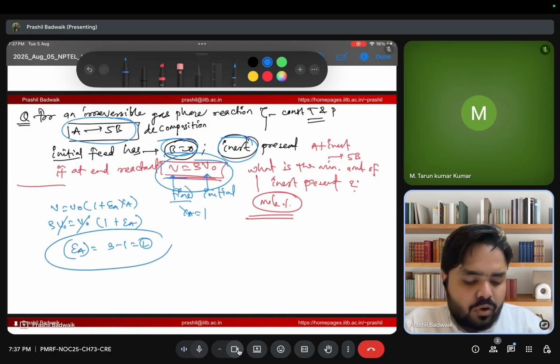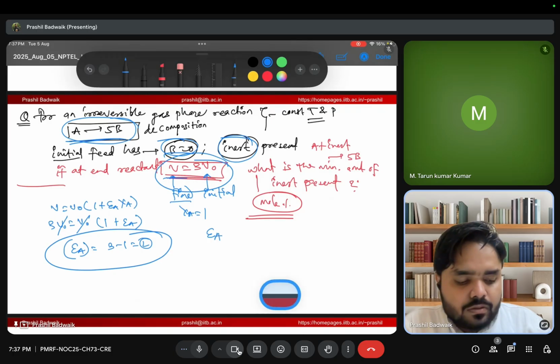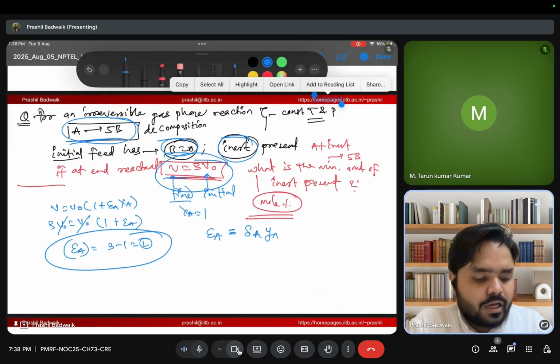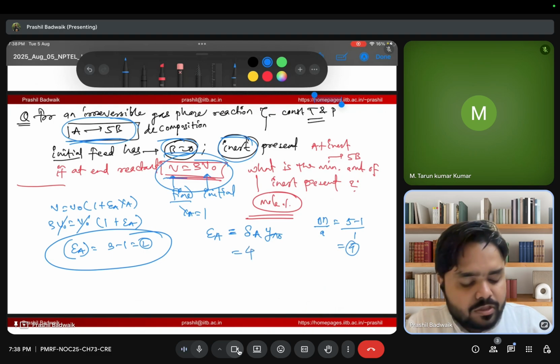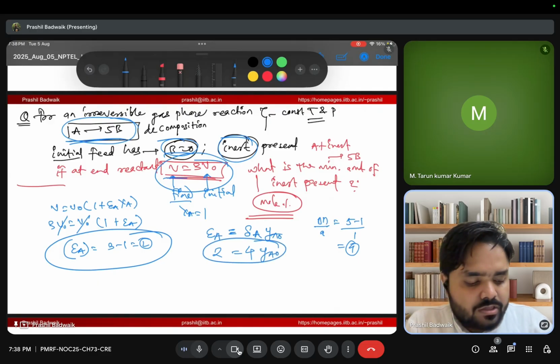Now epsilon A is given as del A times Ya naught. Del A is delta n divided by the stoichiometric coefficient of A, which is 5 minus 1, that is 4, divided by 1, which equals 4. So 4 times Ya naught equals 2, and Ya naught is equal to 0.5.